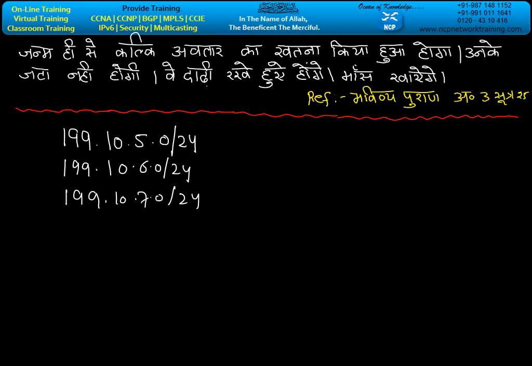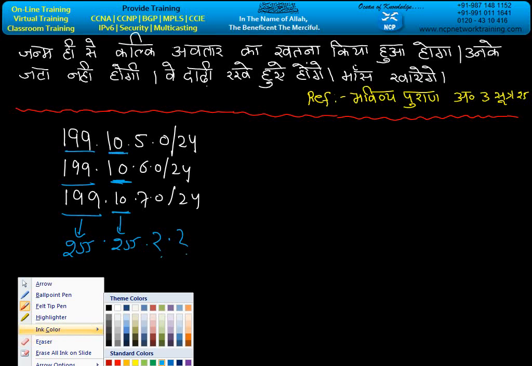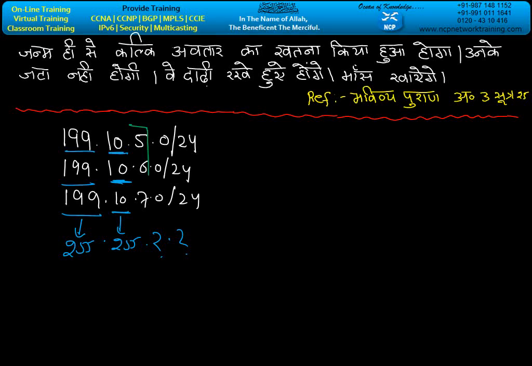There is no change. 199 is common in the first octet, that's why we'll write 255 as in the summary NID. Second octet is common, we will write again 255, but the third octet and fourth octet we have to find out. In the third octet we have three numbers 5, 6 and 7.